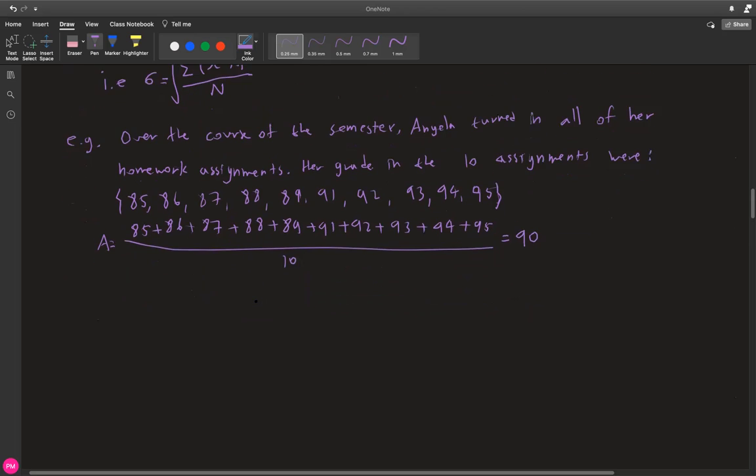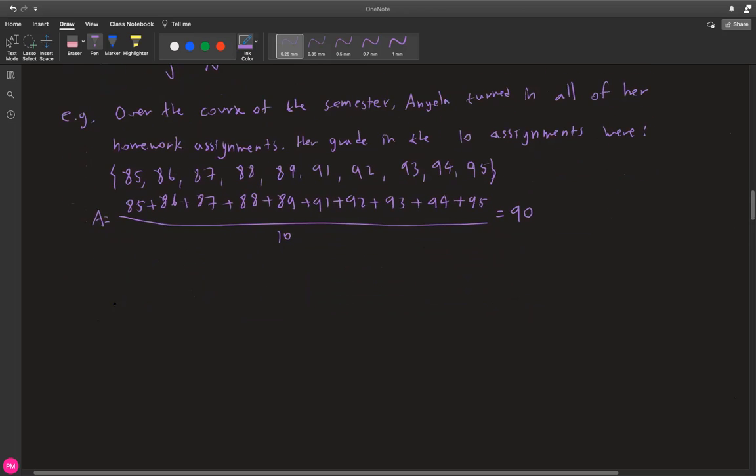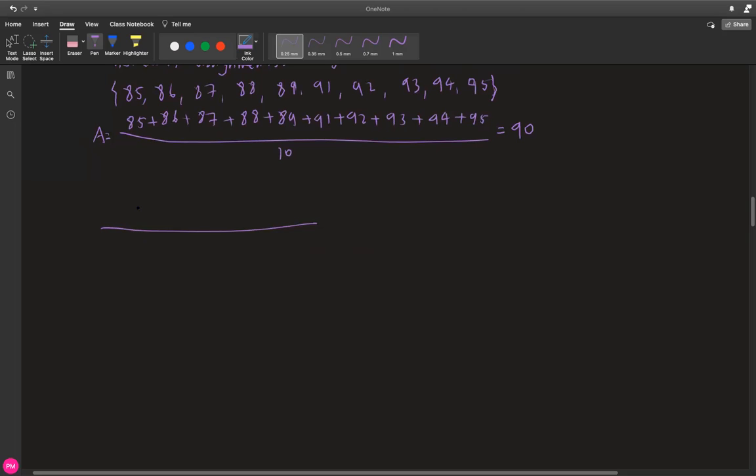Before we go on to the next step, let's actually make a table. That'll make it a lot easier. Let's make a table like this. And the first column is X, meaning that it's a data point. So you get 85, 86, 87, 88, 89, 91, 92, 93, 94, and lastly 95.